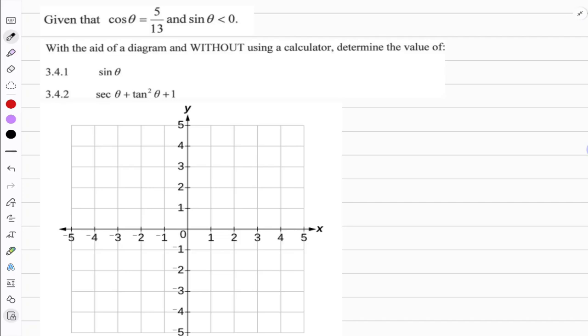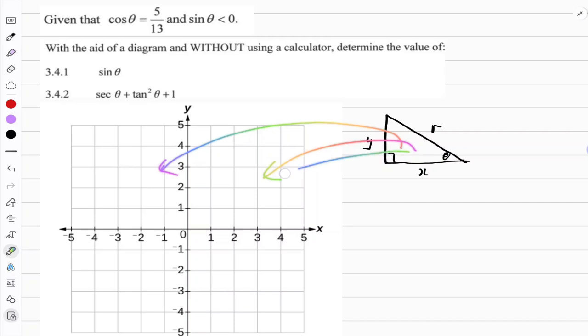So to find the trig ratio sin theta, sec theta, and tan theta, we need to consider two things. We need to consider our triangle and its values, x, y, and r with respect to theta, and we need to figure out in which quadrant we are going to draw this triangle.